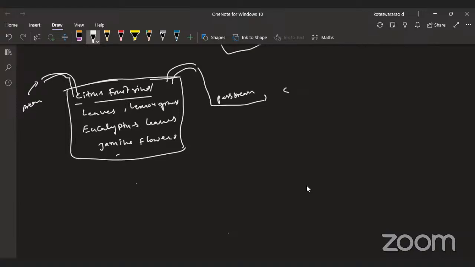Steam volatile monoterpenoids came out along with the distillate.